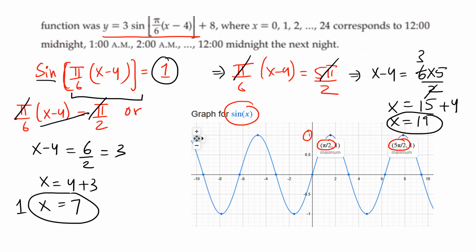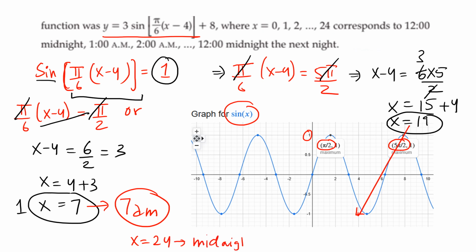But if you look at part B, it is asking you what time. So corresponding to x equal to 7, see, there was a pattern given in the question. If x is 0, it is midnight. So similarly, if x is 7, it is 7 a.m. And if x is 19, you can calculate, because it was given that at x equal to 24, it is midnight of the next day. So accordingly, you go back.